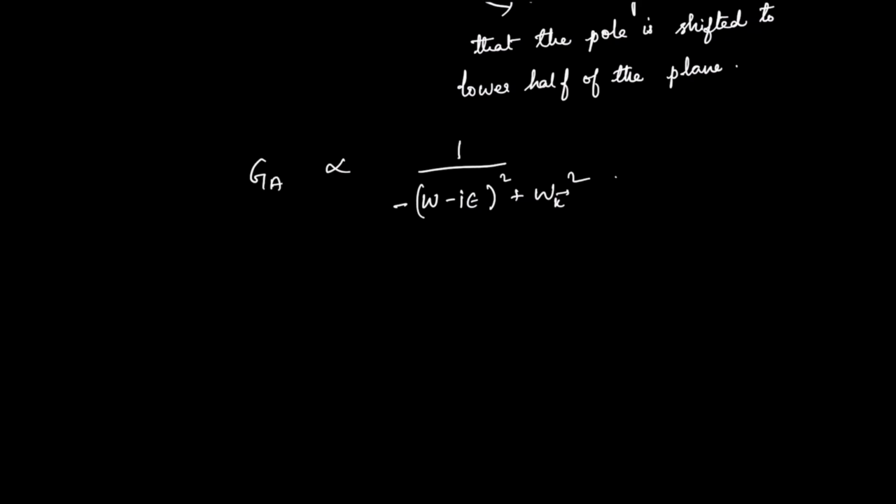I have to subtract i epsilon from omega, and both the singularities will move up to the upper half of the plane. (Omega minus i epsilon) whole squared plus omega_k squared is equal to 0. Then I will get omega is equal to plus or minus omega_k plus i epsilon. So this plus indicates that both the singularities, that is plus or minus omega_k, will move up.